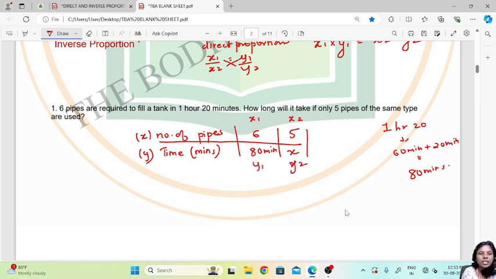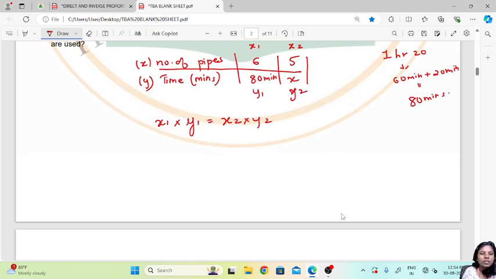Now in this case what we will multiply is x1 and y1, so x1 into y1 will be equal to x2 into y2. Here the x1 value is 6, into the y1 value 80, equals the x2 value 5, into the y2 value, which is unknown to us, so we will write it as x.